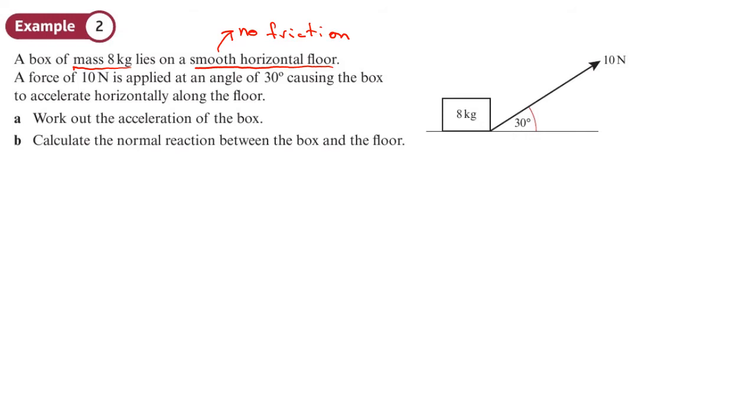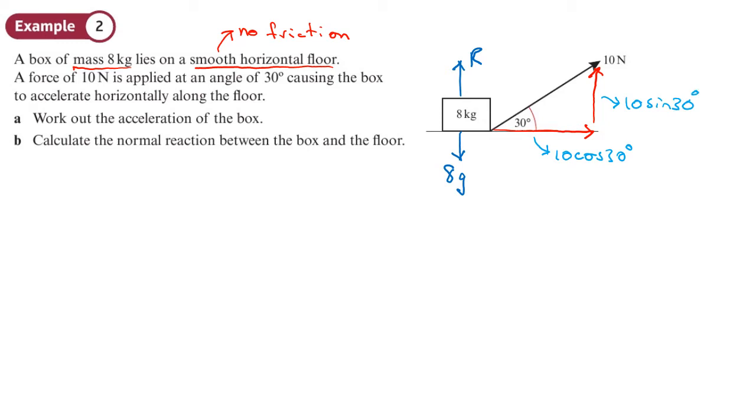Okay, are there any missing forces? There is actually the normal reaction and the weight of it, but we don't actually need these in the question, or do we? Let's have a look. So let's split this force up into the horizontal and vertical parts. So this bit here will be 10 cos 30, and this bit here will be 10 sine 30.